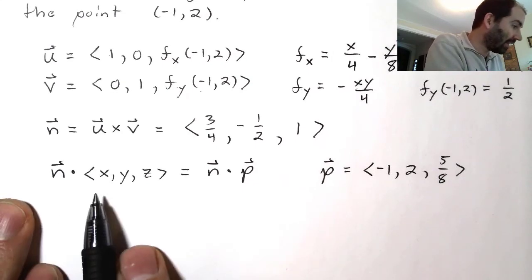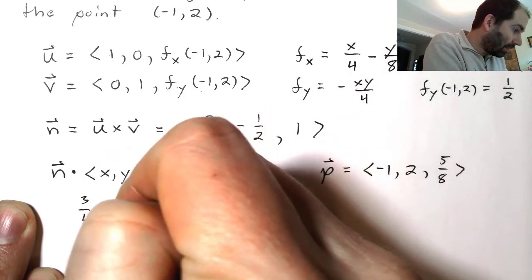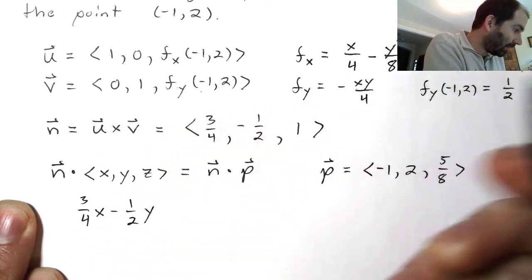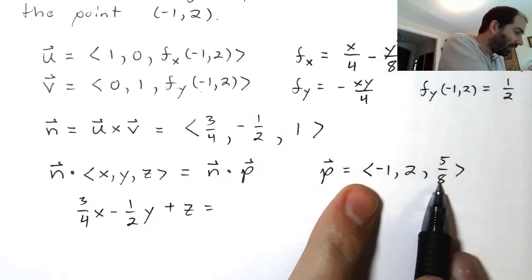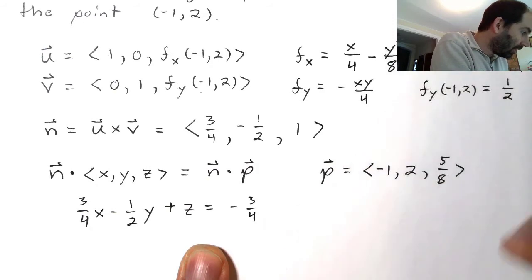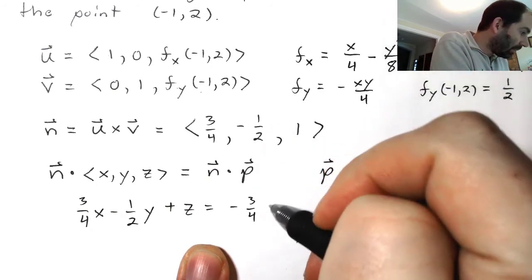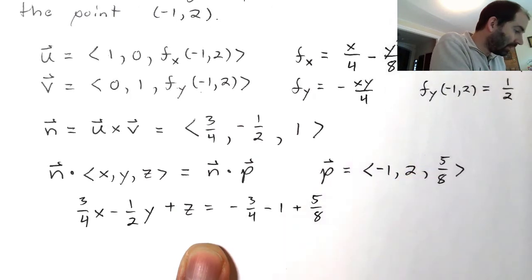I'll just take these dot products. So I get 3/4 x minus 1/2 y plus z, and then we just take the dot product of these, right? So minus 3/4 minus 1 plus 5/8.